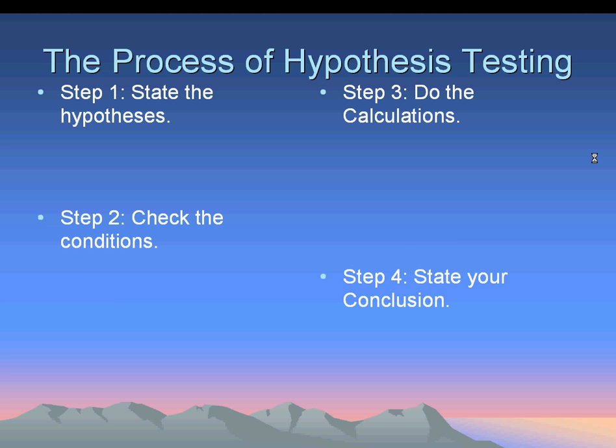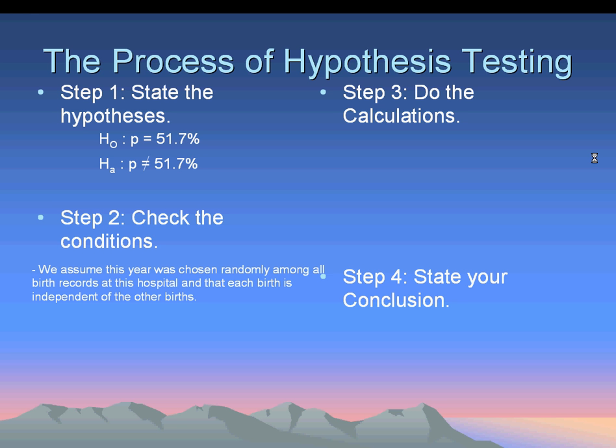First, stating the hypotheses. The baseline percentage is 51.7%, and this is going to serve as our H0, our null hypothesis. The alternate is that we think it might have changed. We don't know high or low, but we think it's changed. So p is not equal to 51.7% for the alternate. Let's check the conditions.